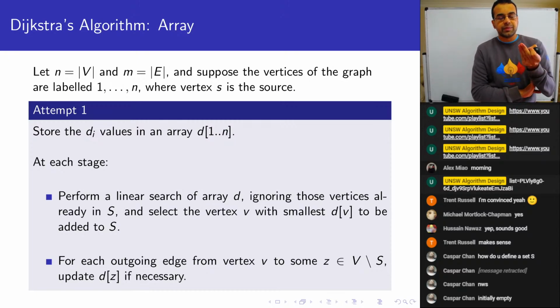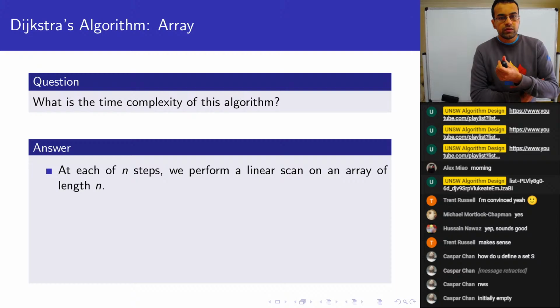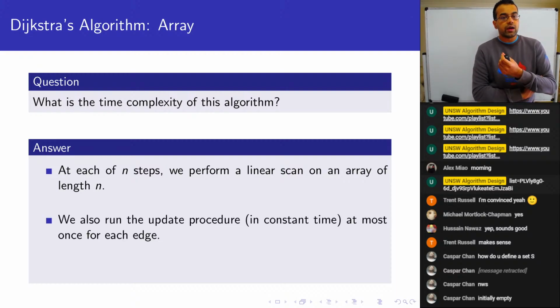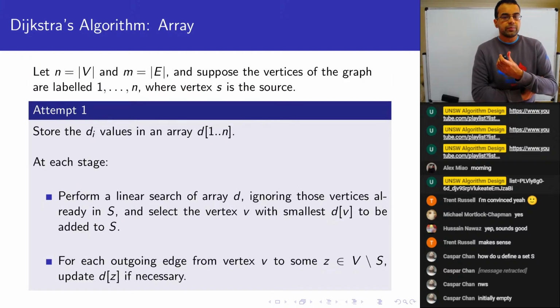The second step is the one that we have to be a bit more subtle about. Here we're considering all the outgoing edges from my new vertex to other things. It might appear at first that there isn't a convenient way of talking about this, but in fact there is, because every edge is considered only once in this entire procedure.